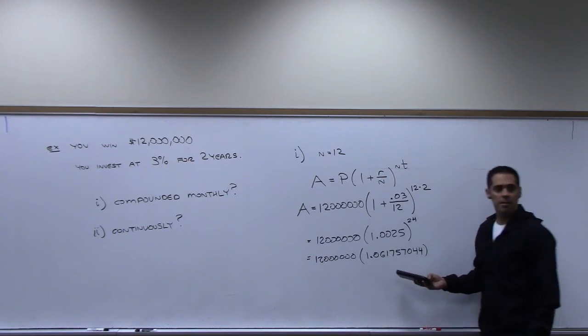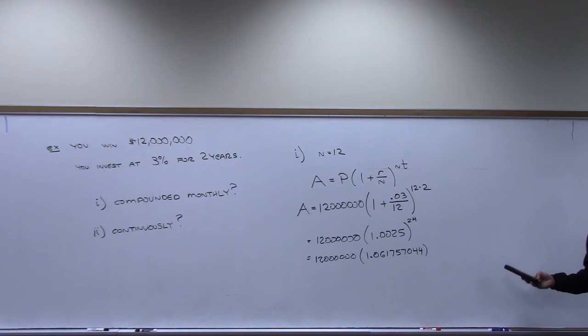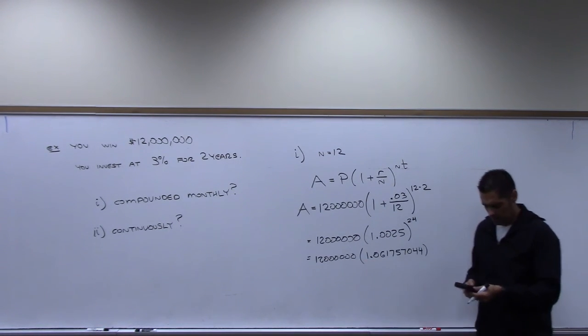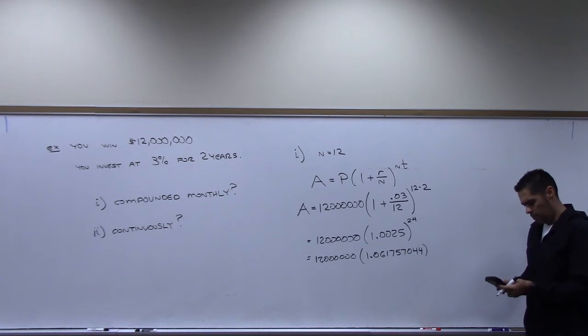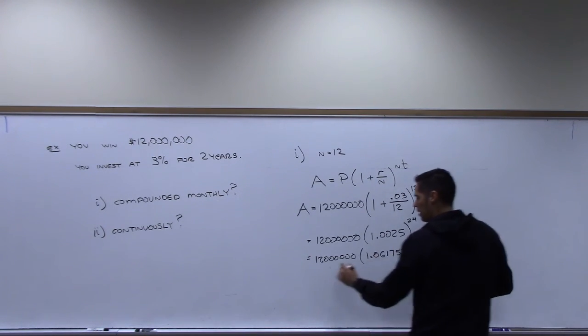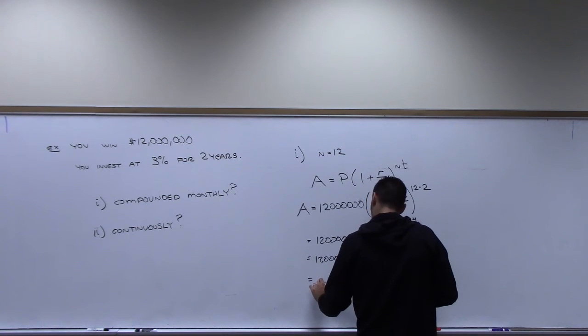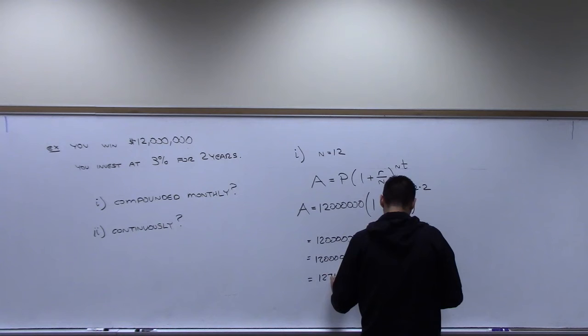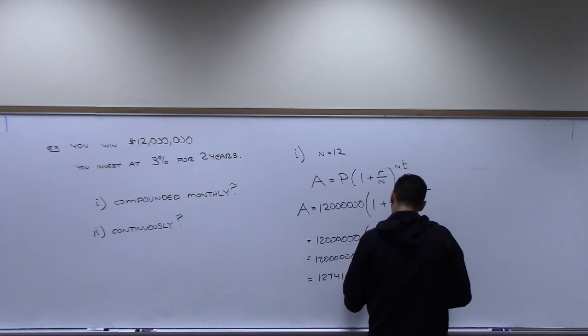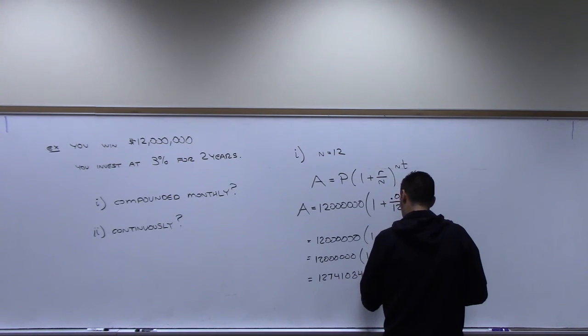Are you all still okay with what we're doing? No questions on any of the steps? And then, at this point, multiply these, right? And you have, let's see, 12,741,084.53.